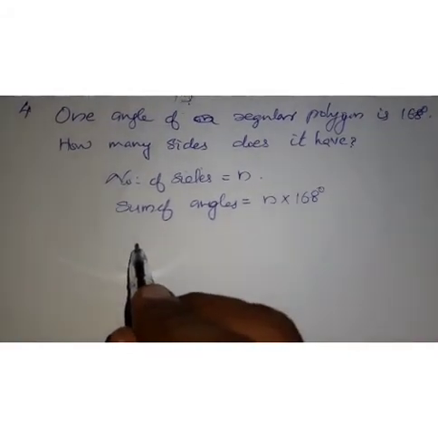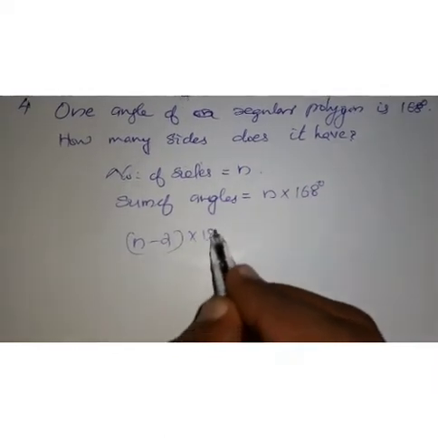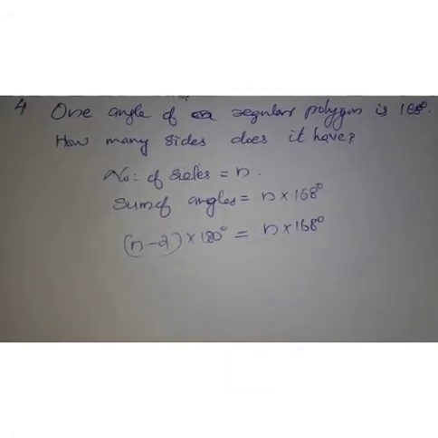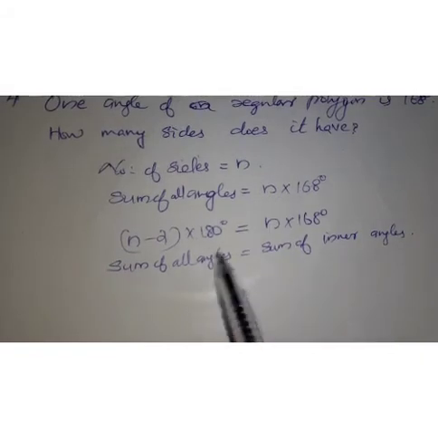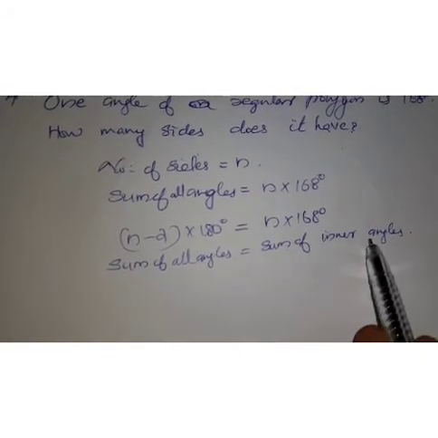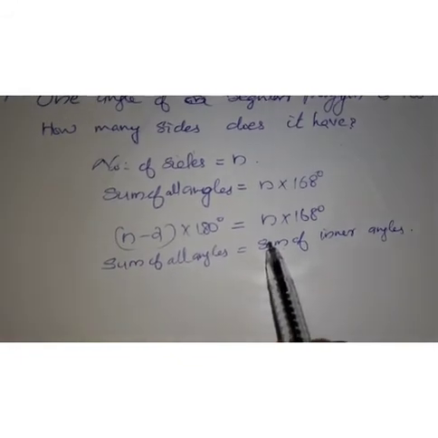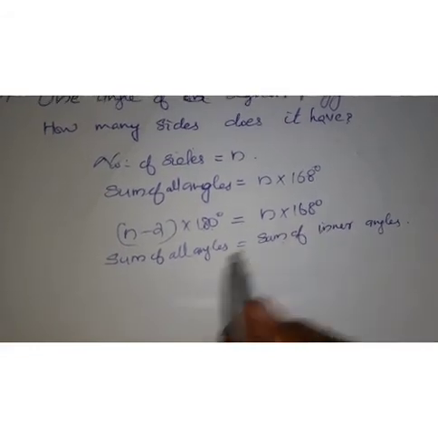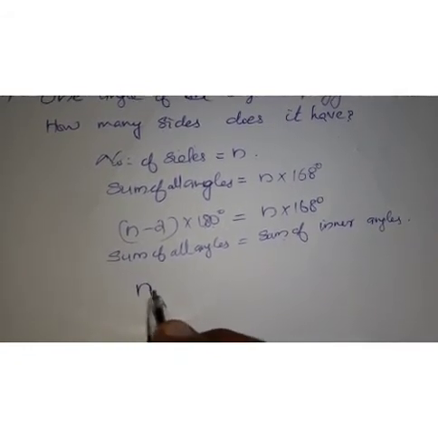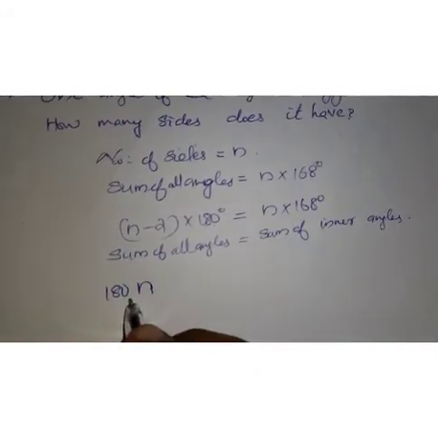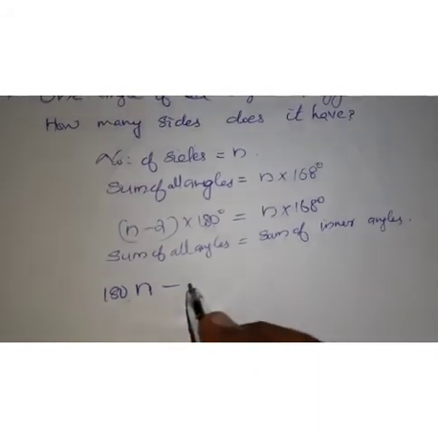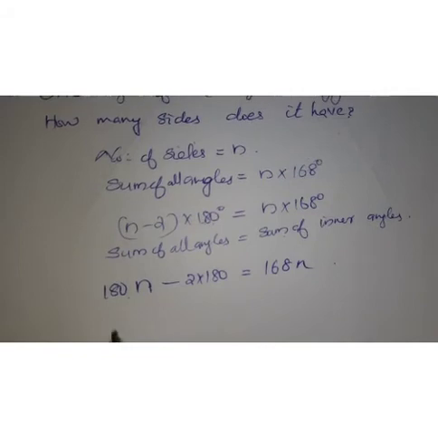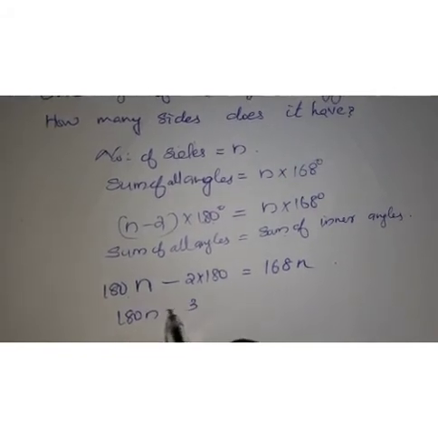So we can write n minus 2 into 180 degree should be equal to n into 168. Sum of all angles is n into 168 and sum of inner angles is n minus 2 into 180. Both make it equal. So 180n minus 2 into 180, that is 180n minus 360, is equal to 168n.